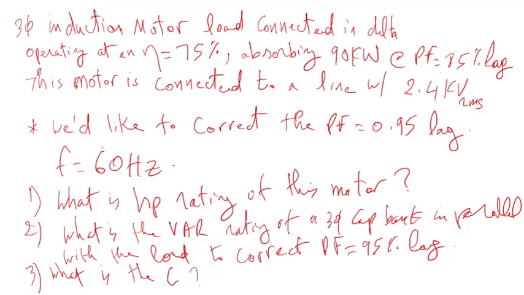Now we would like to correct the power factor to 0.95 lagging. The system frequency is 60 Hz. We would like to know the horsepower rating of this motor. Then we would like to connect a capacitor bank in parallel with the load to correct the power factor to 95% lagging. So what is the rating of that capacitor bank? Then what is the capacitance of the capacitor bank?